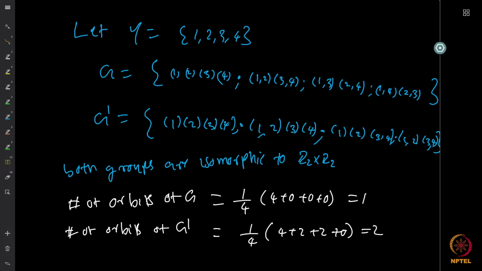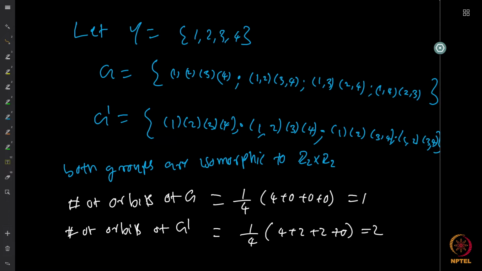And G dash is the group again with identity (1)(2)(3)(4), then (1)(2)(34), then (12)(3)(4), then (12)(34). Right? So as abstract groups, they are isomorphic. Both are isomorphic to Z2 cross Z2. But as we observed earlier, the action will be different because the cycle structures are different.